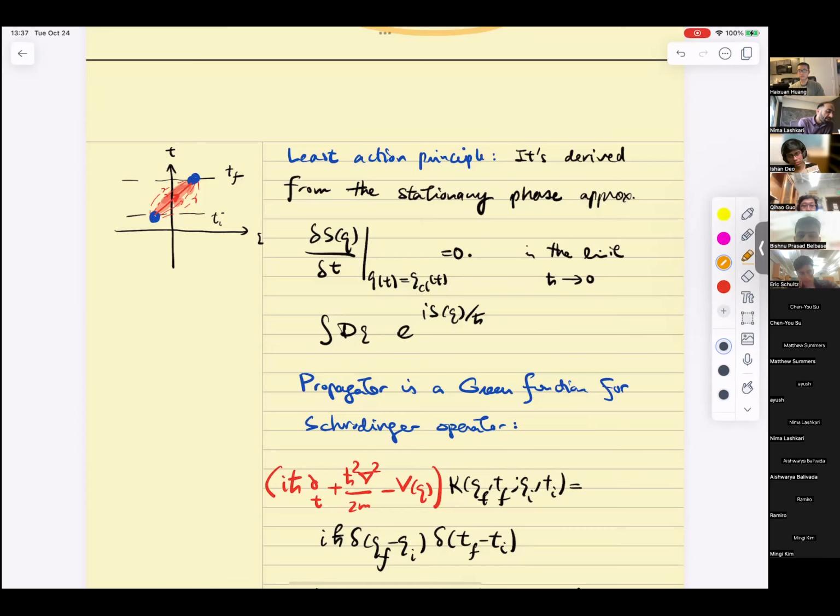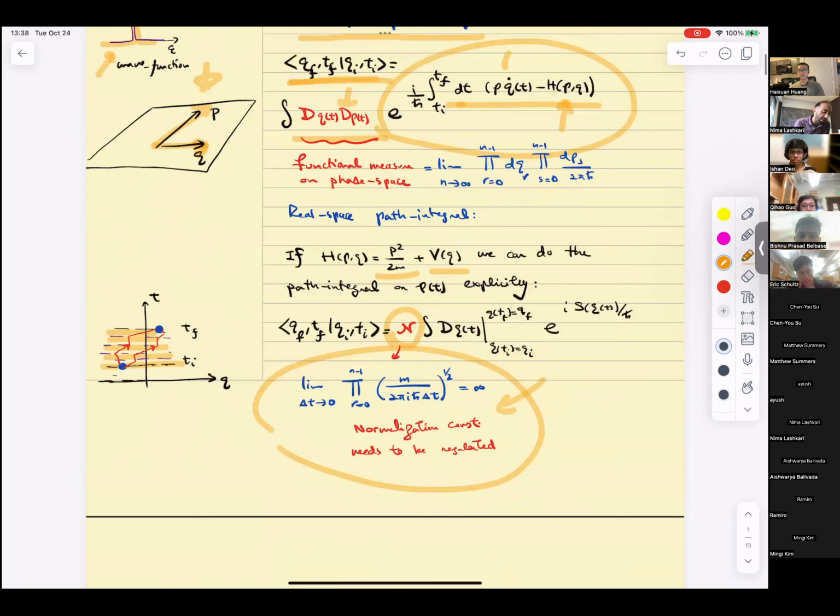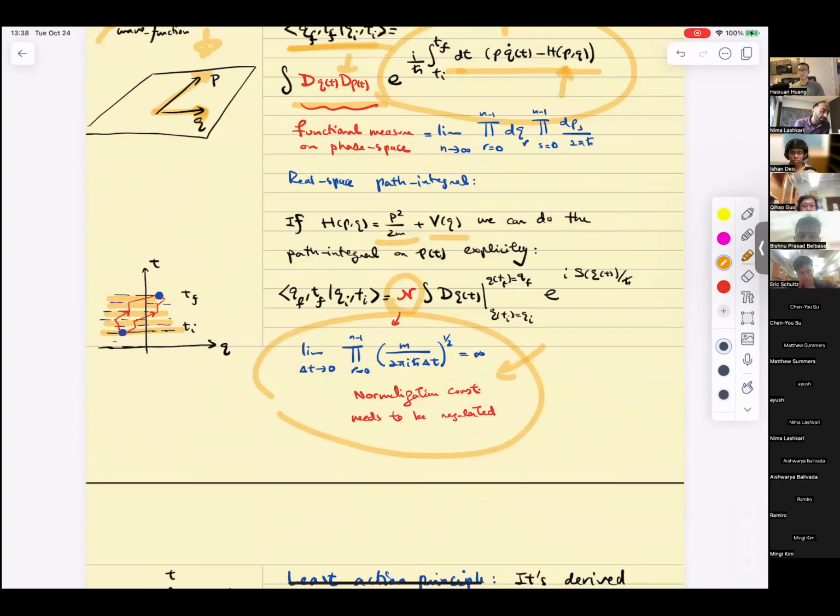All right, so then we derive the principle of least action from these path integrals using the stationary phase approximation, basically the saddle point of this action. So after you do the path integral over the phase space, the weight of every path in the path integral is just e to the power of i times the action corresponding to that path, divided by h bar.